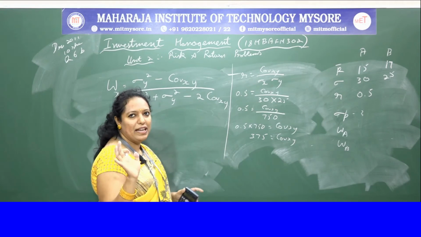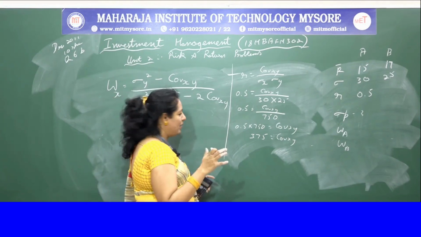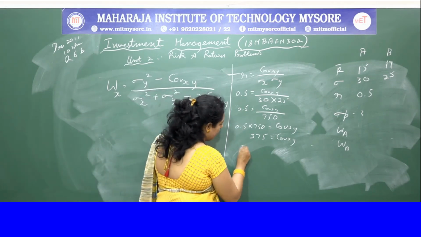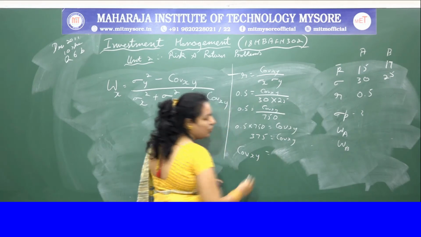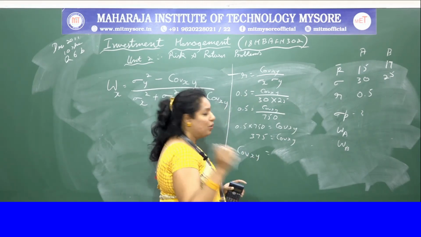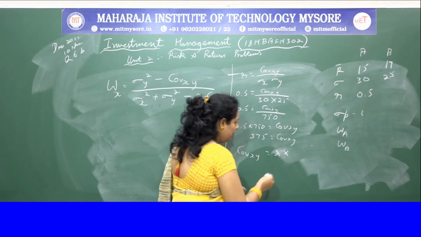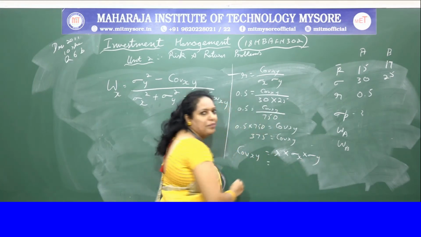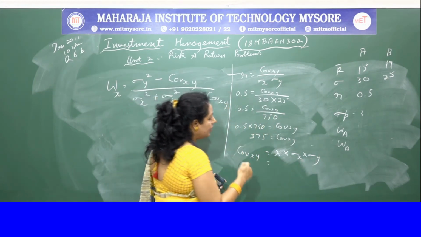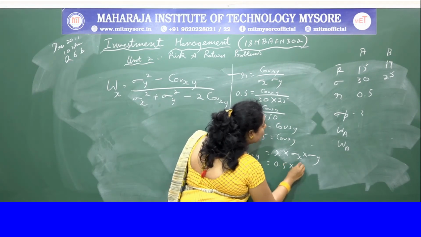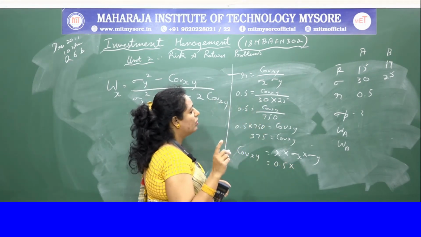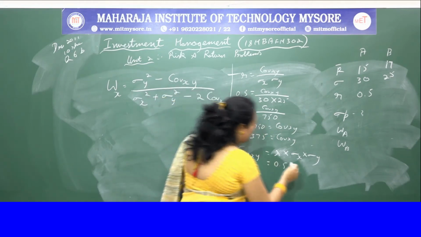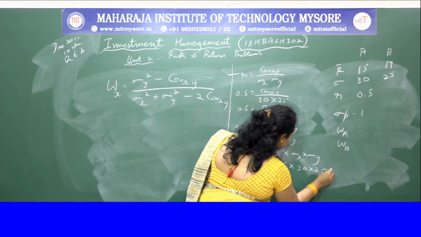There is one more formula for this. I'll write it and show you the comparison, so that both ways you can get the answer. This one is quite lengthy. Covariance XY is equal to R into standard deviation X into standard deviation Y. R is given as 0.5, into the standard deviations of A and B, or X and Y, which is 30 into 25.